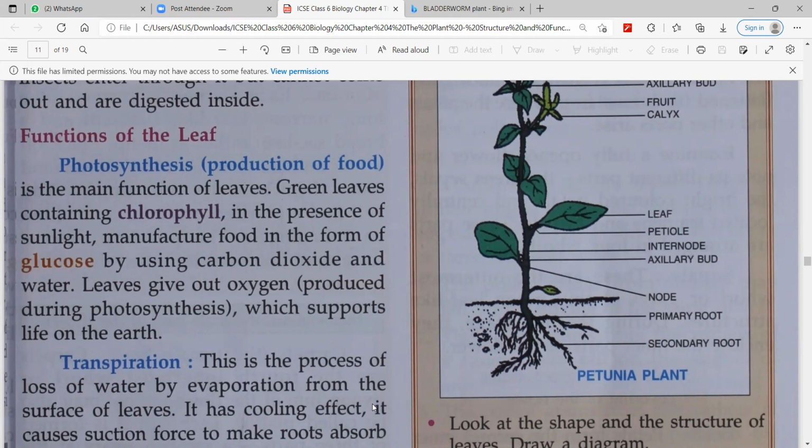They use carbon dioxide from the air plus water that is absorbed by the roots of the plant, in the presence of sunlight and chlorophyll. Chlorophyll is a must in the green leaves, that's why the color is green. They produce food as well as oxygen, oxygen that supports life.